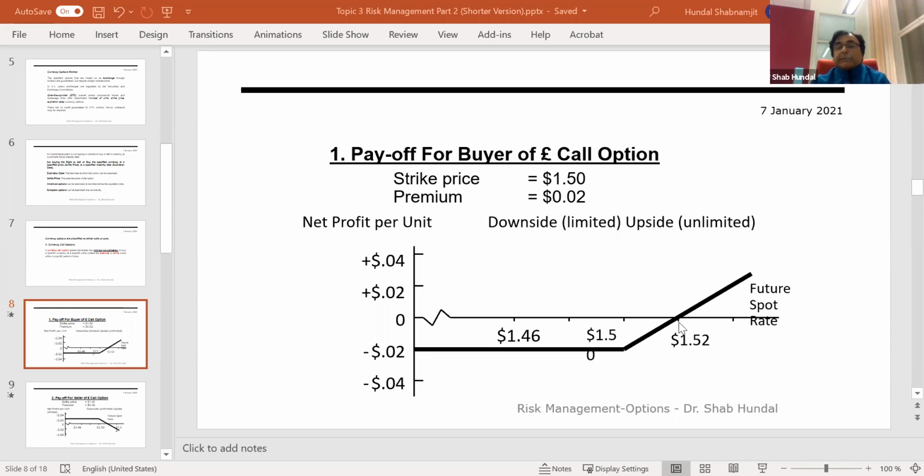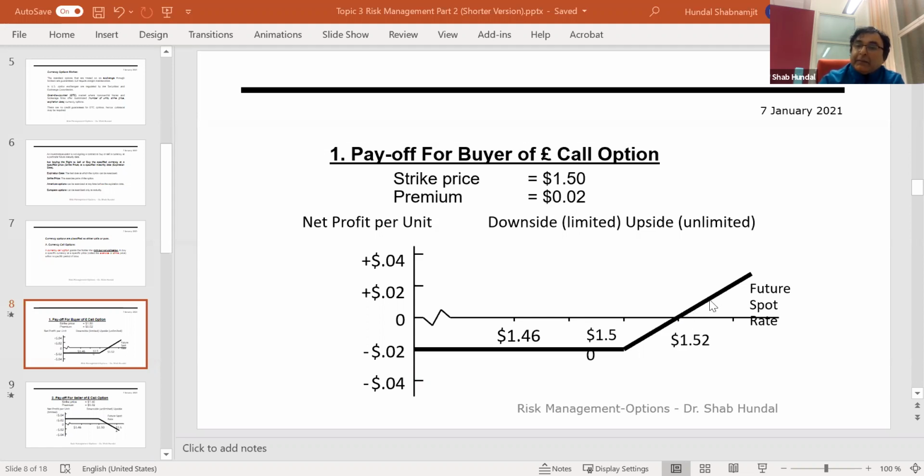And when the market price is 1.52, then neither you gain anything nor you lose anything. It's a break-even point. But at a break-even point, you must exercise the option. Break-even means neither loss nor gain. But if you don't exercise the option, you would lose 2 cents. So therefore, you should exercise the option.